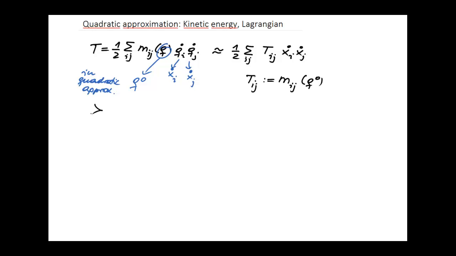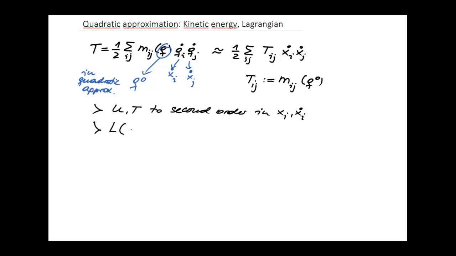So what we have achieved is that now we have both the potential and the kinetic energy to second order in the x and the x dot.